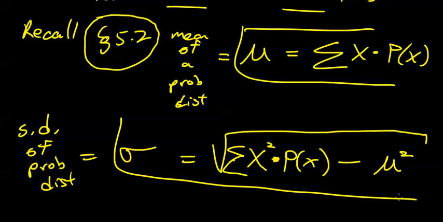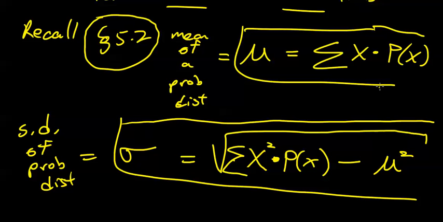Okay. So certainly these are formulas that work in general for any probability distribution, and you'll need to memorize these and apply these on the test on Wednesday, right? All right.